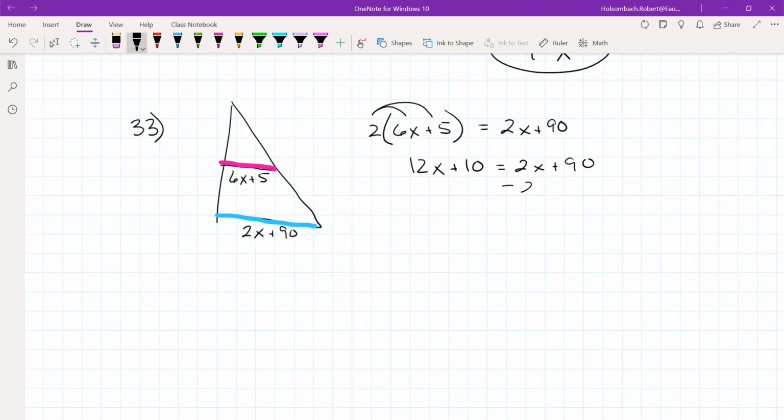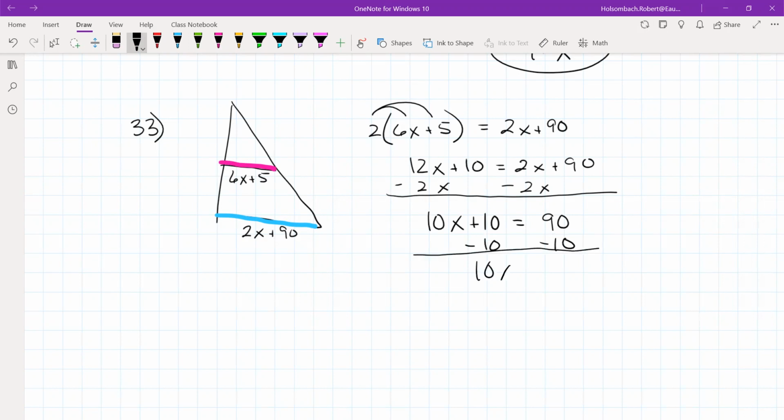I'm going to subtract 2x from each side. So 10x plus 10 equals 90. Subtract 10. My 10x equals 80. And then divide by 10.